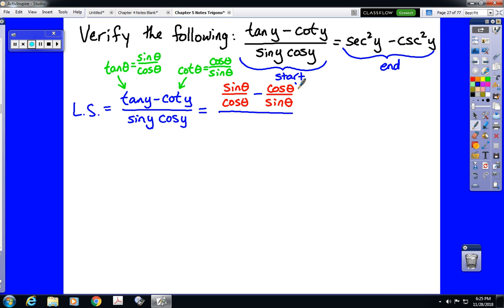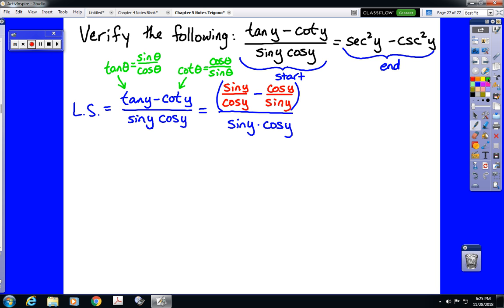Now I'm also going to go ahead and put that in parentheses because in a minute we're going to multiply that by something, so I don't want you to think that we only have to multiply one thing. The bottom we're not going to change because everything there is already in terms of sine and cosine. I also just noticed that I instinctively changed all these variables into thetas, and they shouldn't be thetas, they should be y's because that's what's given in the problem. So let's change all of those now.